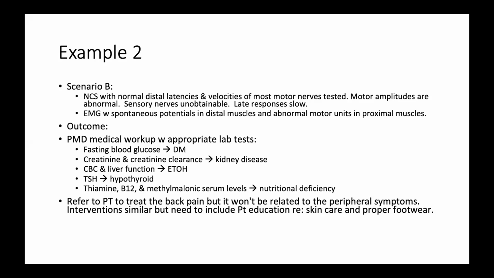So if I want to rule in a radiculopathy at S1 along with a polyneuropathy, you would have more abnormal findings in, let's say, the gastroc and the glute max or the posterior tib or the peroneus longus. Those are mostly S1 muscles, but then the other muscles would need to be mostly normal.